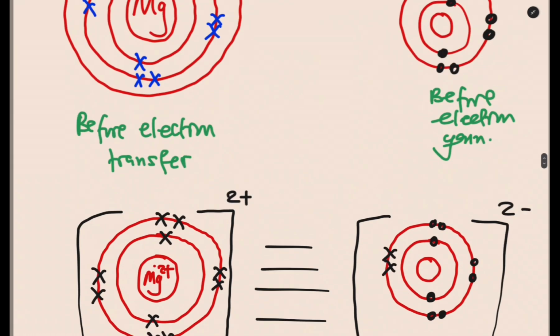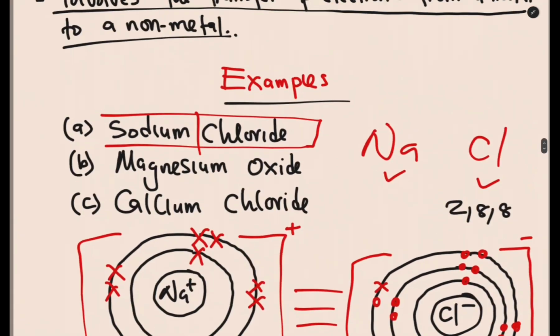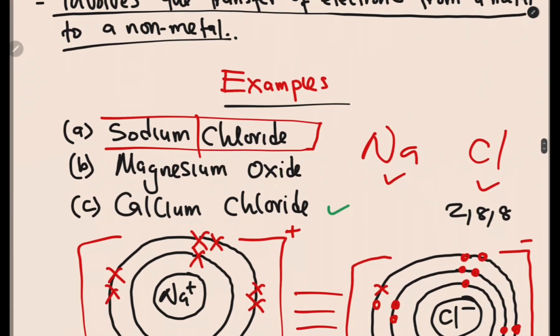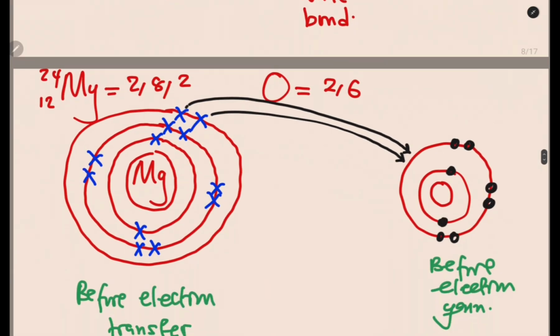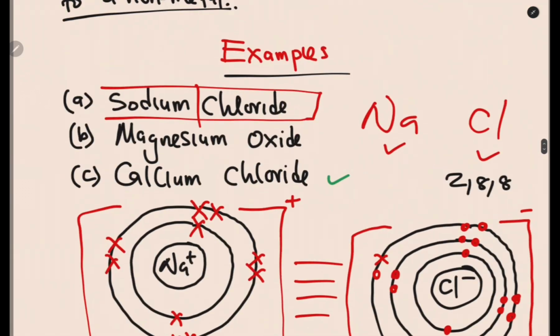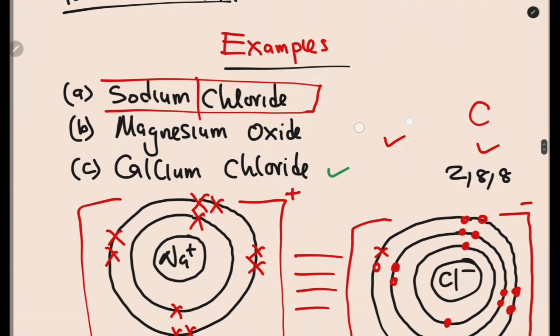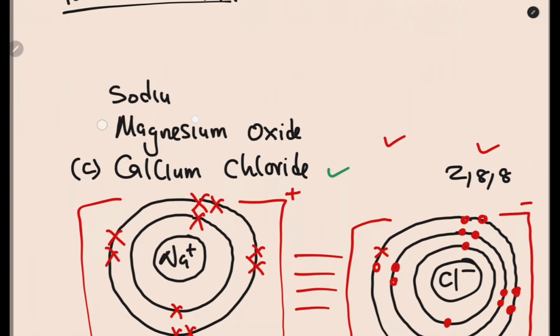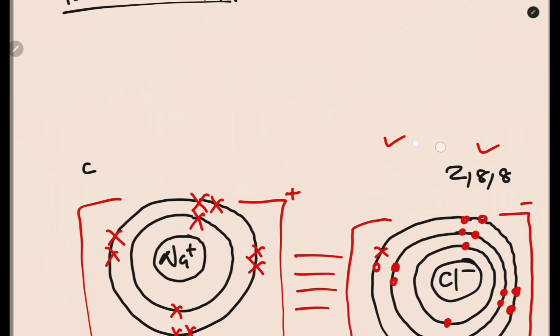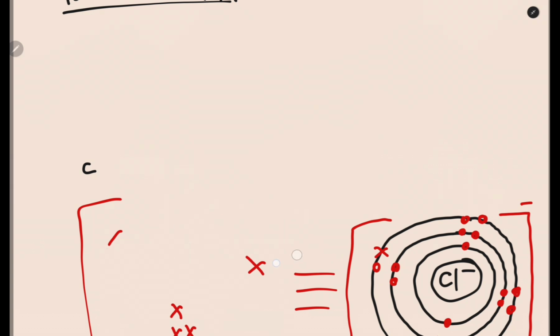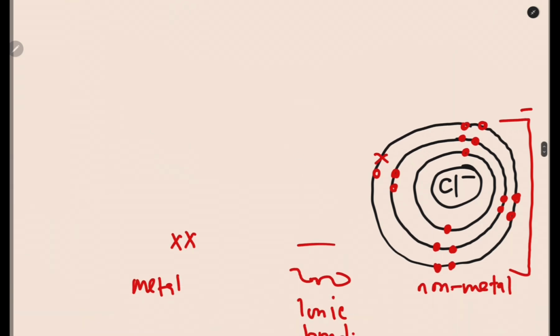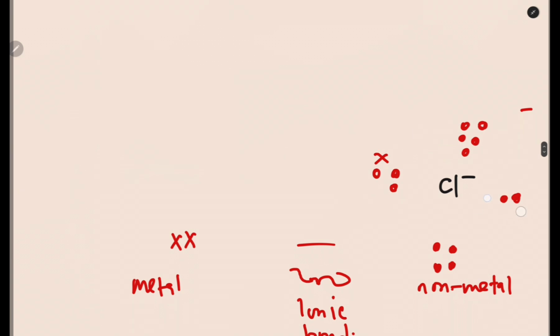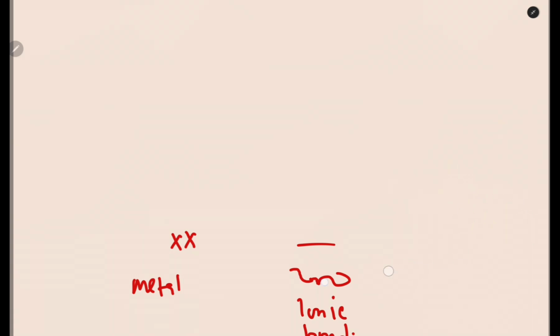Okay, so try out the other one that we've left out, which is calcium chloride. Or let me just explain on calcium chloride because I think it's a bit complex, to avoid confusion. It's a bit unique because it involves 2 chlorine and 1 calcium.